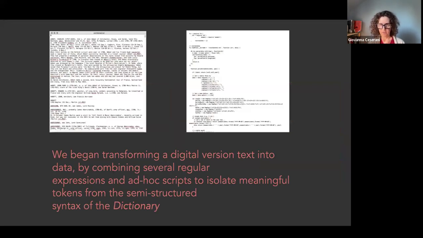And these slides just give you a sense, and we can talk more in the Q&A about this. But basically, this computational approach meant combining several regular expressions and ad hoc scripts to isolate meaningful tokens from the semi-structured syntax of the dictionary that we had in digitized form and transform this into actionable data.